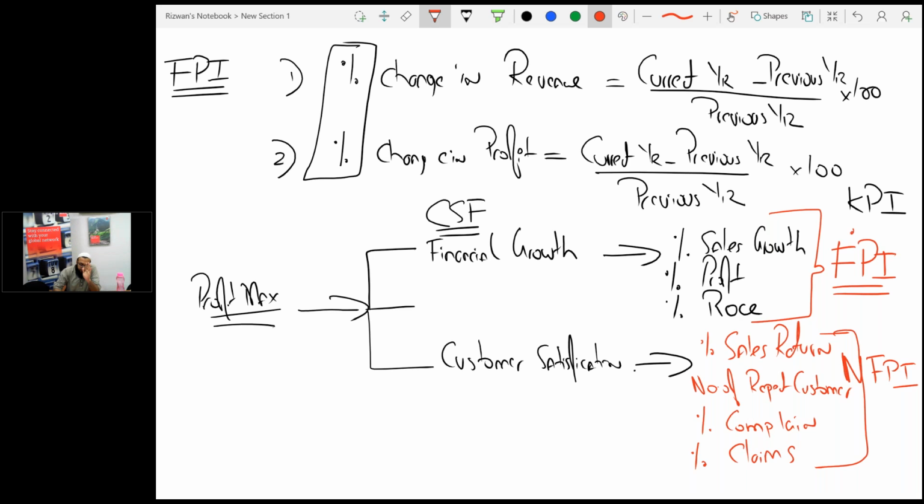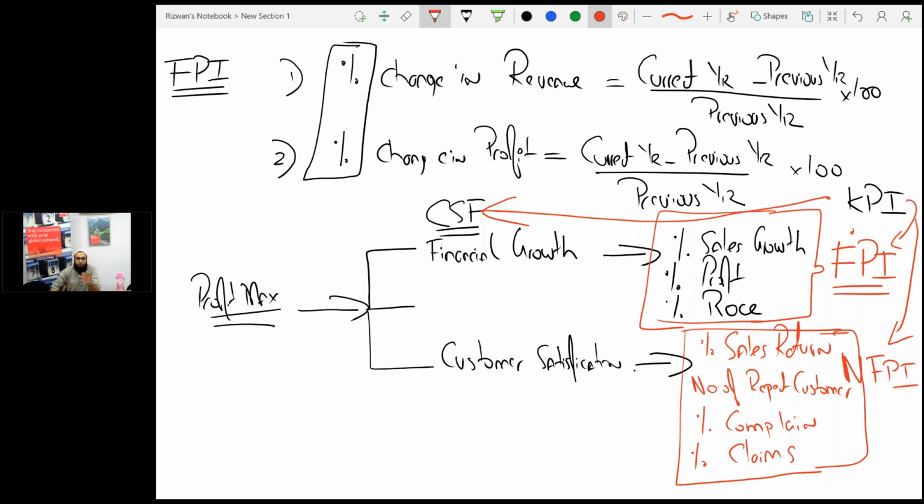These KPIs will check these CSFs, and these KPIs could be financial as well as non-financial. And I'm sure you got the difference between what financials are and what NFPIs are. We have a lack of knowledge for NFPIs. You got it, everyone?